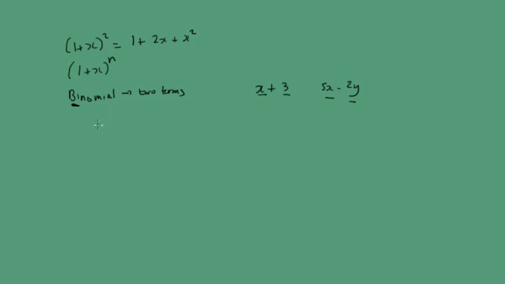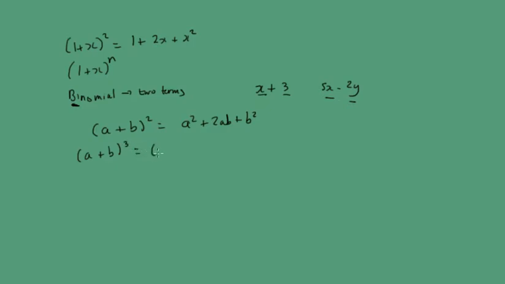So we know that (a + b) to the power 2 is a squared + 2ab + b squared. Now we can use this to find out what (a + b) cubed would be.